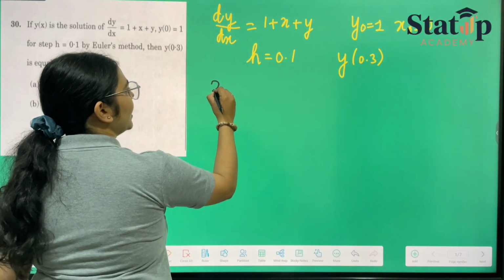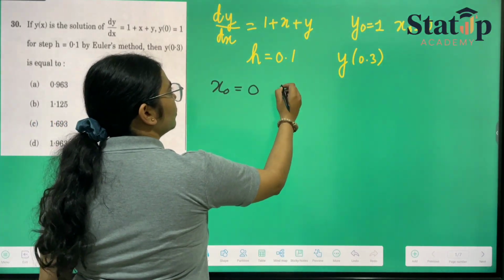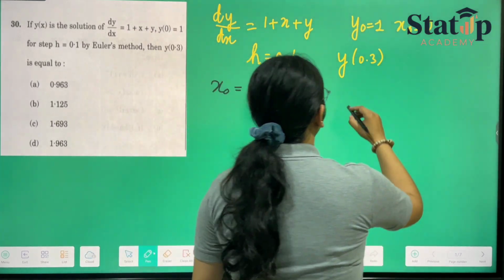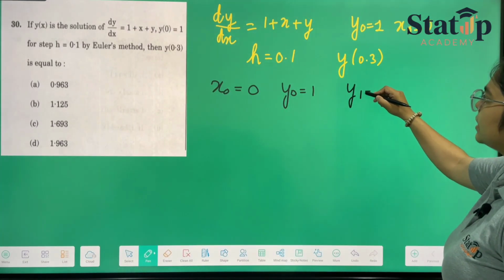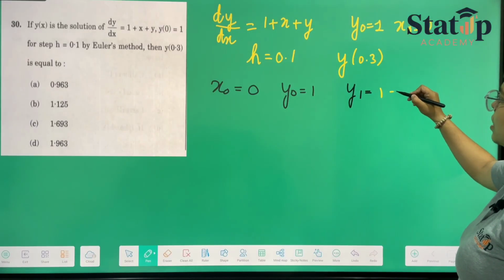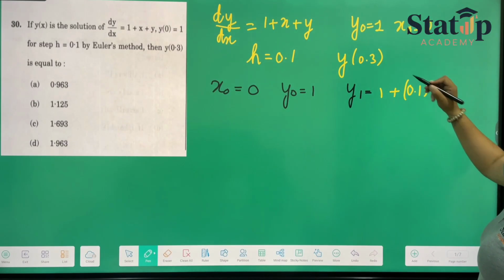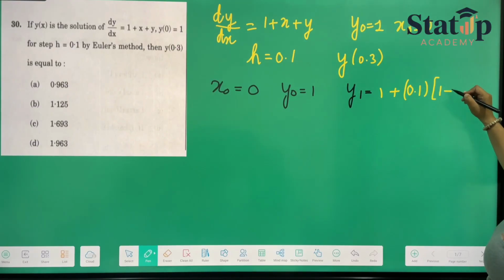So first of all, when x naught equals 0 and y naught equals 1, we'll calculate the value of y1. y1 is nothing but y naught, which is 1, plus h, 0.1, into 1 plus x naught, which is 0, plus y naught, which is 1.